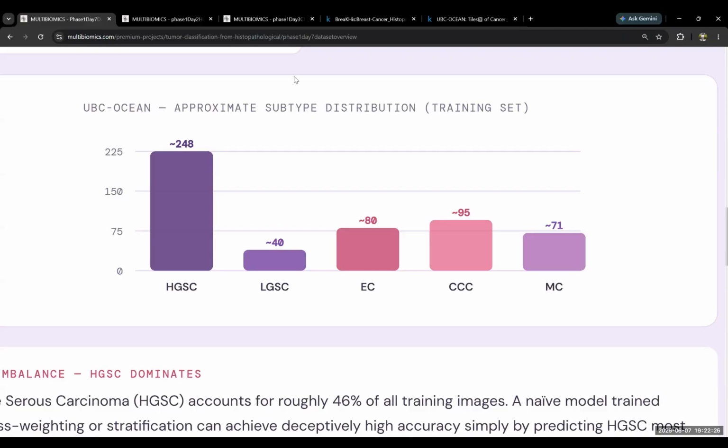Don't you think that this data will be transferred into this label from HGSE to LGSE, so that the computer will try to balance it, make it equal? Don't you think? Yes or no? Yes, ma'am. It can happen, right?